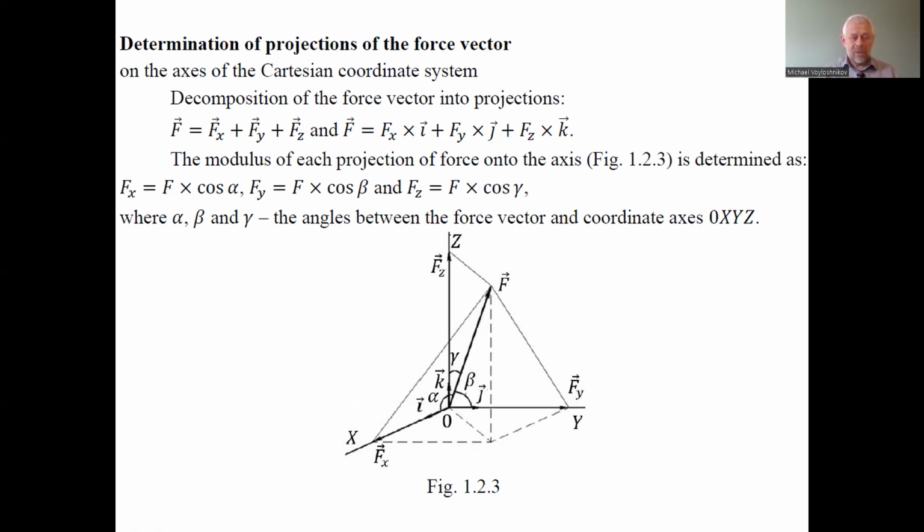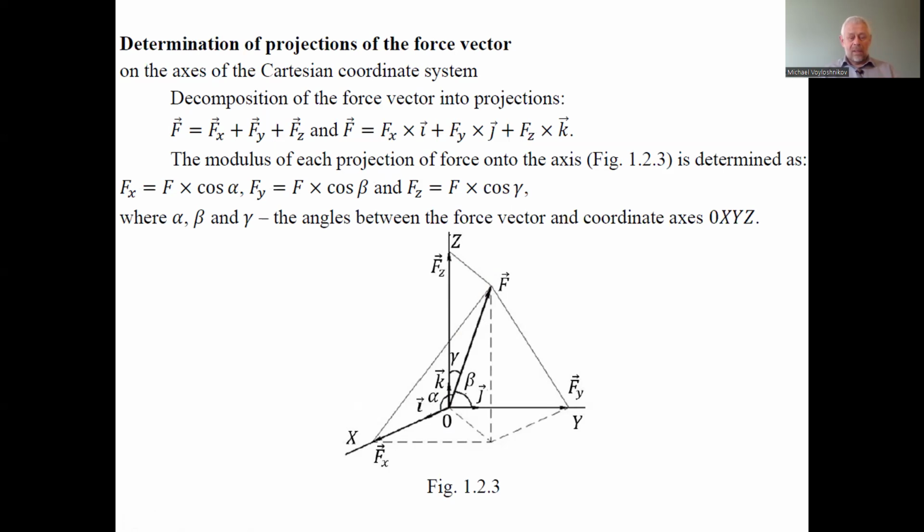The decomposition of the force vector into projections: we can decompose the force F into 3 projections in a three-dimensional Cartesian coordinate system, with axes x, y, and z. The projections are Fx, Fy, Fz. We can consider these projections as vectors lying on each of the axes. So the force vector is the sum of the vectors of each projection on the coordinate axes.